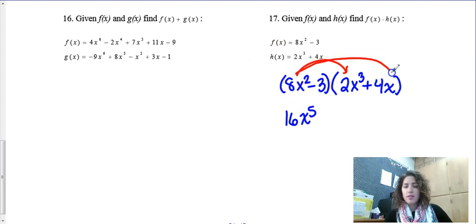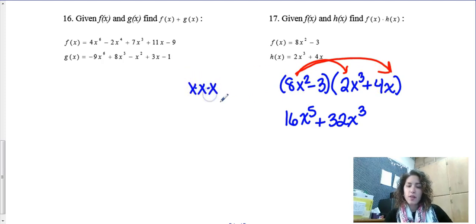8x squared times positive 4x will be plus 32x to the third power. And you can kind of visualize that, right? Because this is 2 x's multiplied together times one more is 3, which is why we can have that little bit of a shortcut of just adding the powers, because the powers represent how many x's are there.